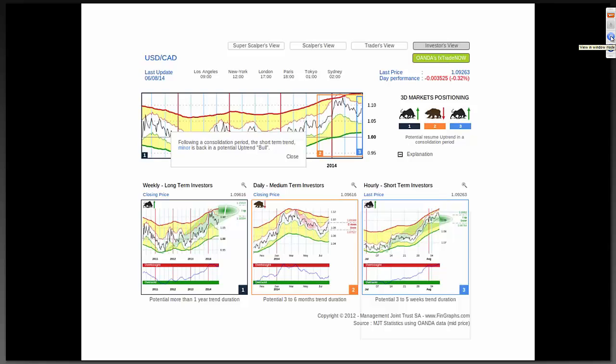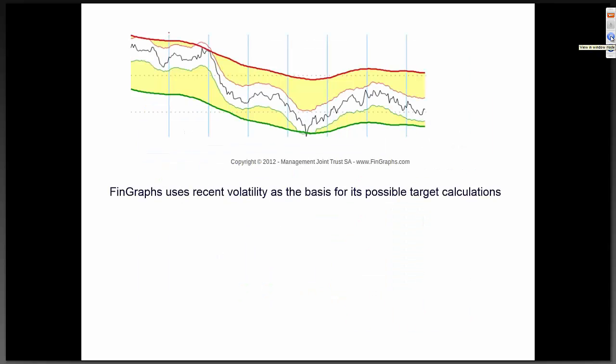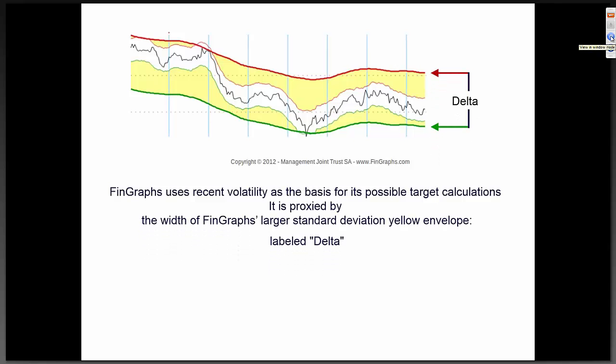Now let's move on to price, to estimated price targets. FinGraph uses recent volatility as the basis for its possible target calculations. It is proxied by the width of FinGraph's larger standard deviation yellow envelope. We label it delta.